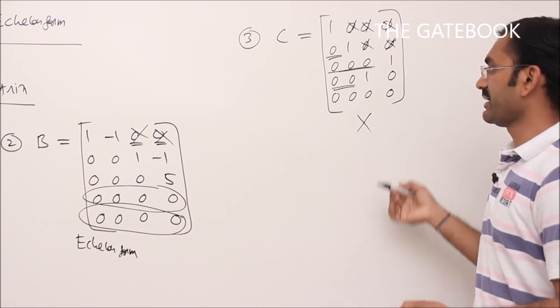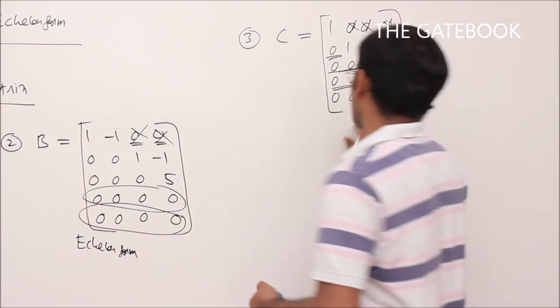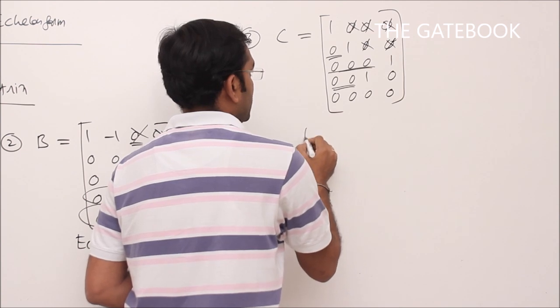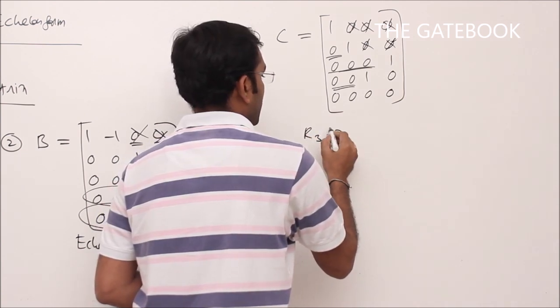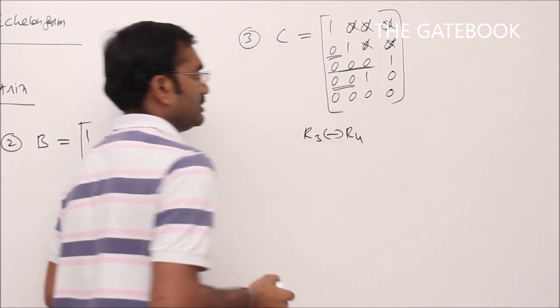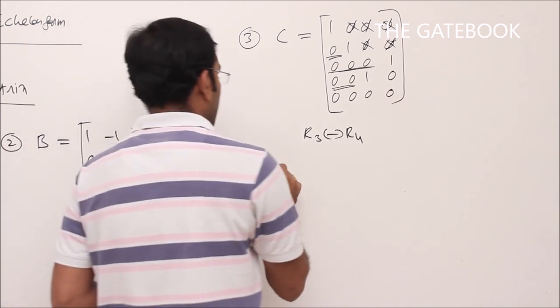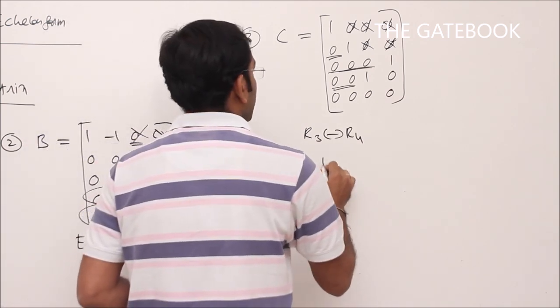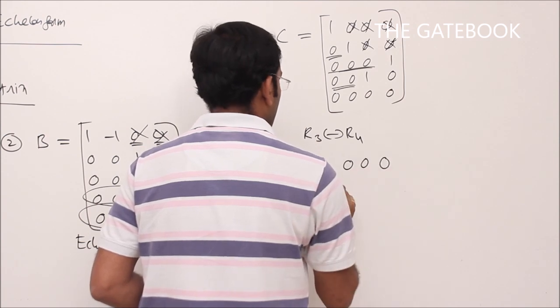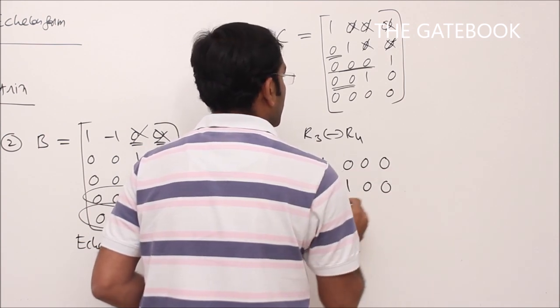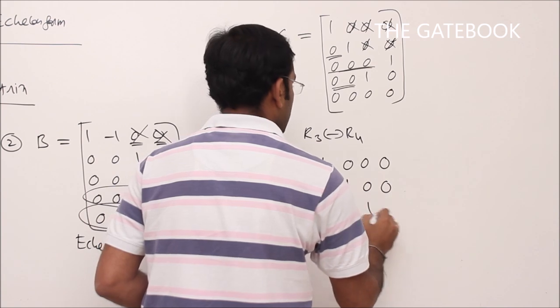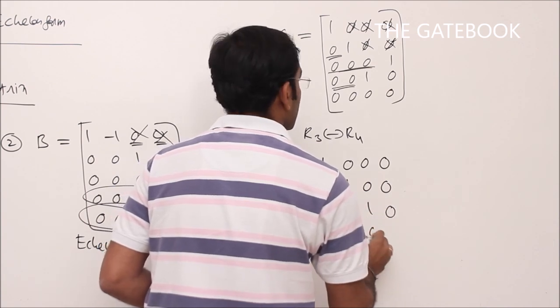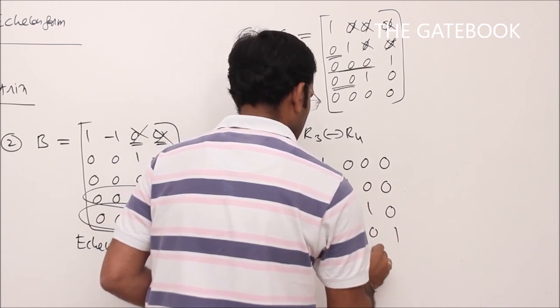But we can convert this matrix into echelon form by applying this operation, that is interchanging R3 and R4. I can write that matrix like this: 1 0 0 0, 0 1 0 0, 0 0 1 0, 0 0 0 1, 0 0 0 0.